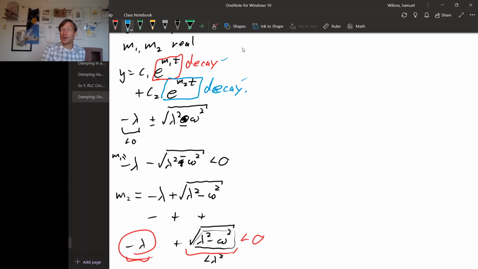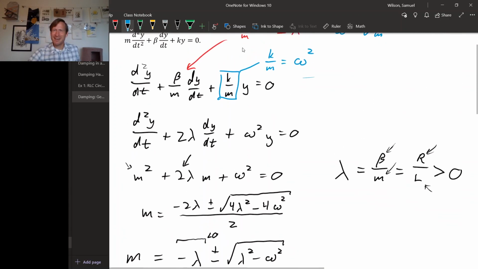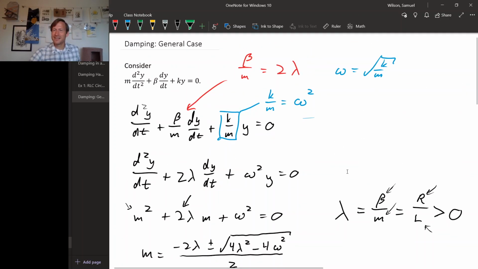You might wonder what happened to the exponential growth situation. What about this situation prevents exponential growth from happening? Well, if you look way up at the top, it's because lambda has to be greater than 0, right?